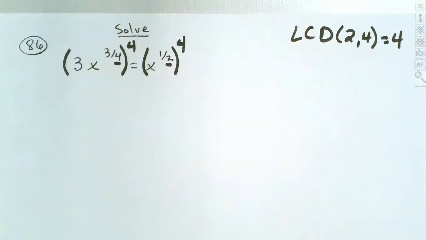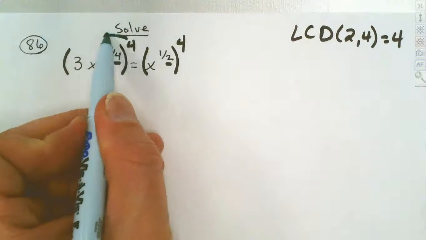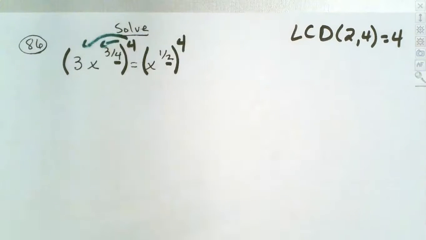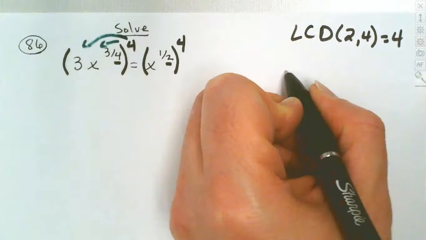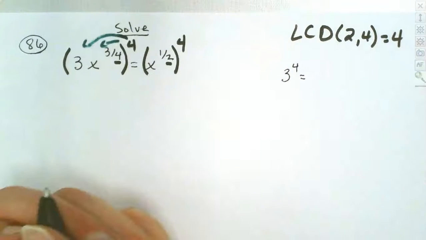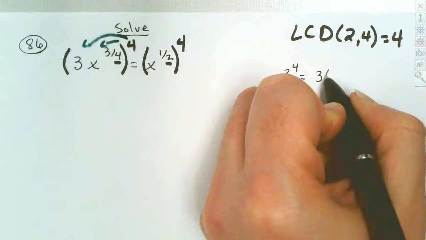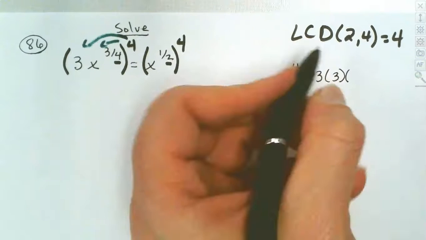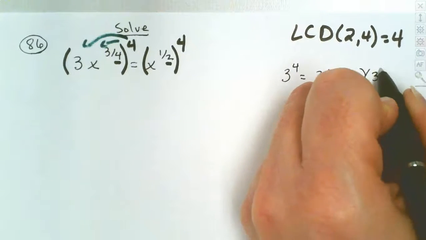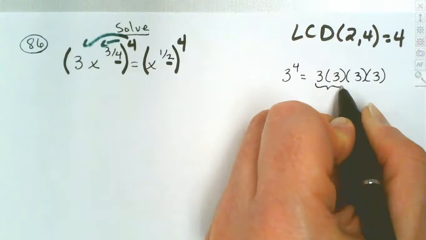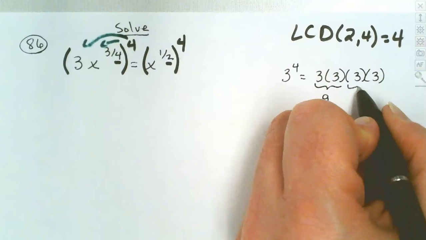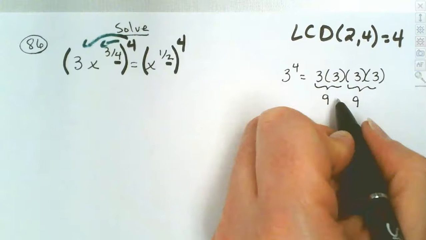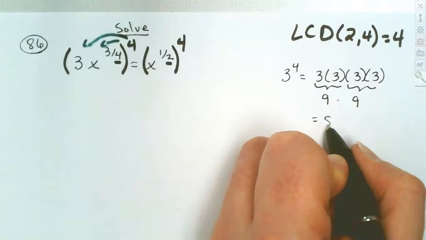What we do have to be careful of when we do that is this 3, because this 4 is going to be distributed through. So that 4 gets distributed through. So what we need on the left-hand side is 3 to the 4th. Well, 3 to the 4th power would be 3 times 3 times 3 times 3, because you're writing it out 4 times, and that's 9 and 9, and then that makes 81.